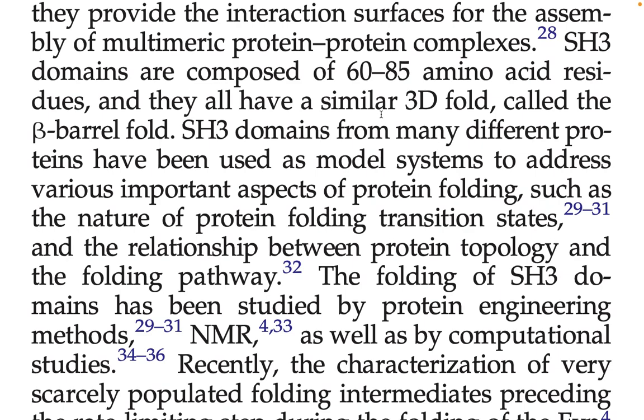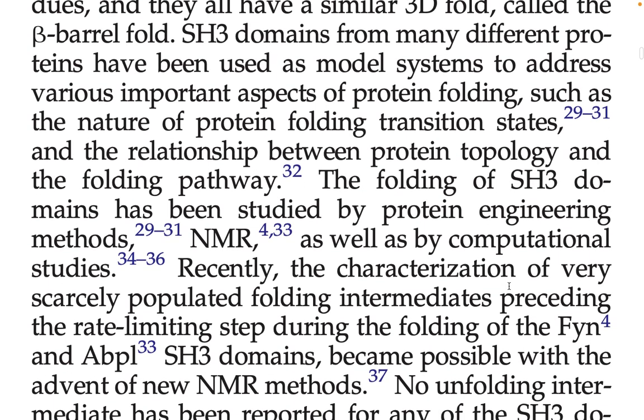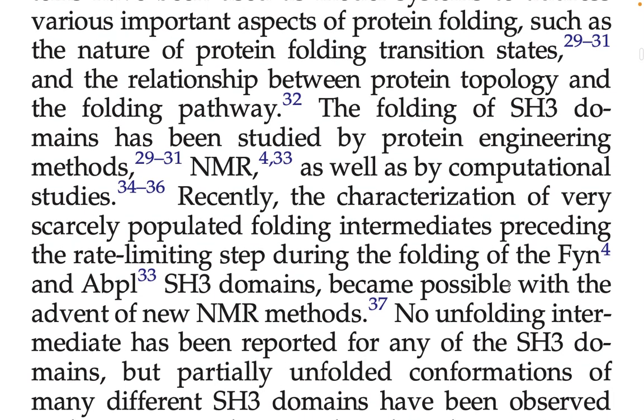SH3 domains from many different proteins have been used as a model system to address various important aspects of protein folding, such as the nature of the protein folding transition state and the relationship between protein topology and folding pathway. The folding of SH3 domains has been studied by protein engineering methods, NMR, as well as by computational studies.